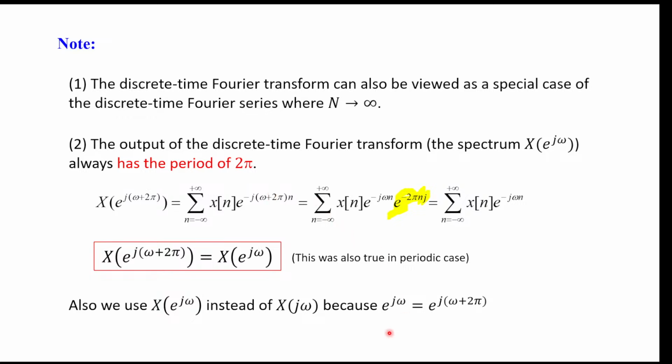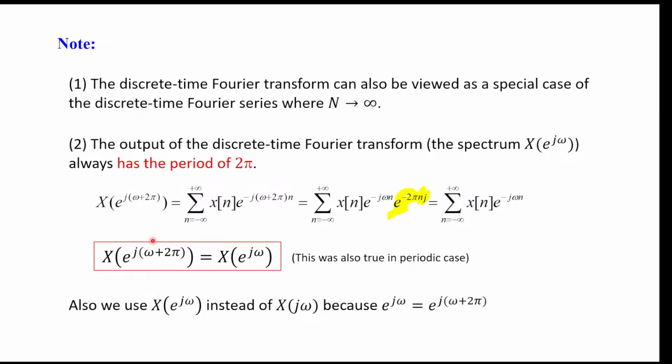You see that e to the j omega equals e to the j omega plus 2 pi. This is just an equation, and it is always true. So this notation fits nicely with the periodicity of 2 pi.